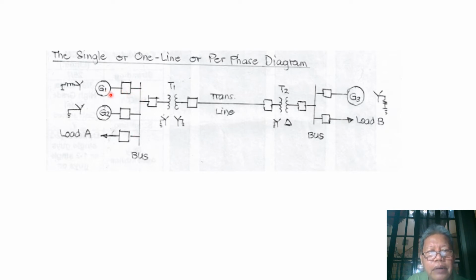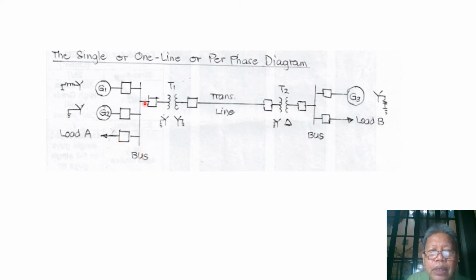And our generator 1 is reactance grounded, so we have this symbol for the grounding of our generator 1. And we have another generator 2 also connected to this bus, and it is solidly grounded. And then at this bus, we have a load connected, and we call this load A.